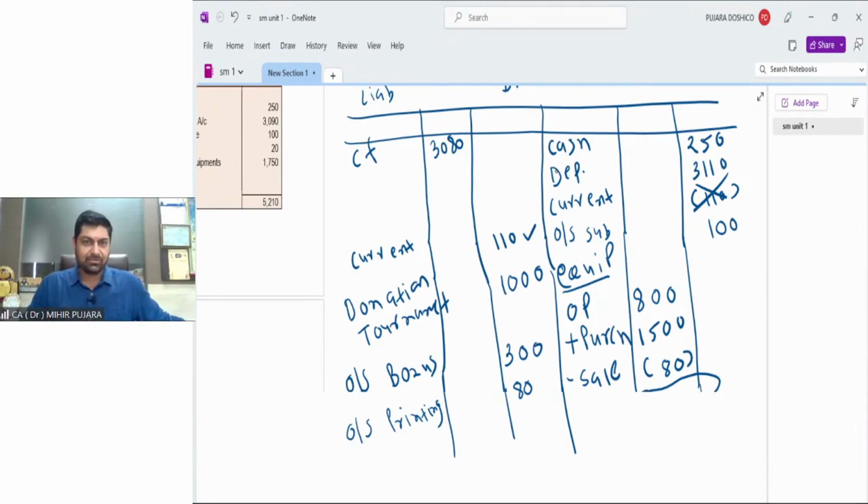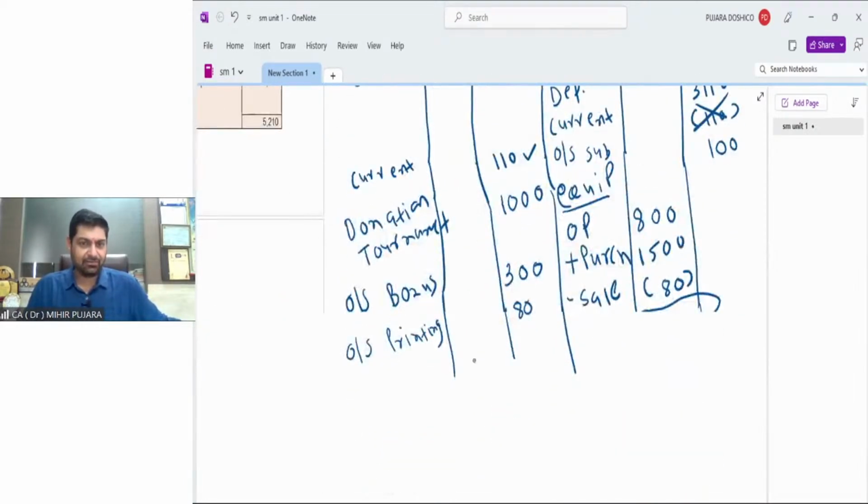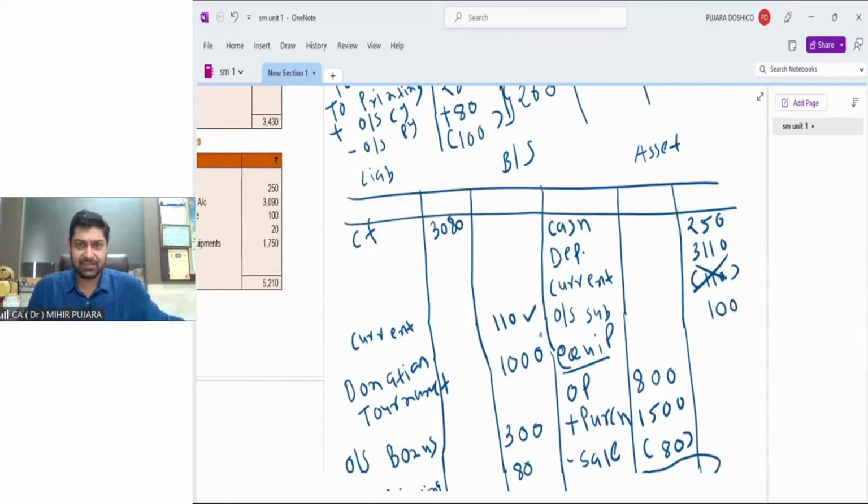So printing, outstanding of current year and outstanding of previous year, so outer column 260, and don't forget to write 80 in the current year balance sheet.